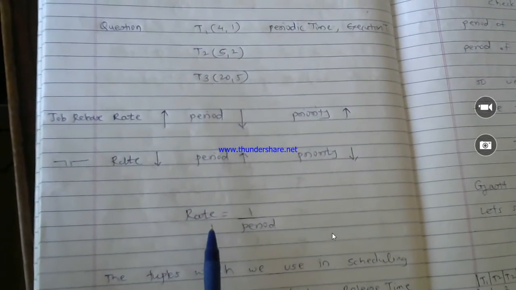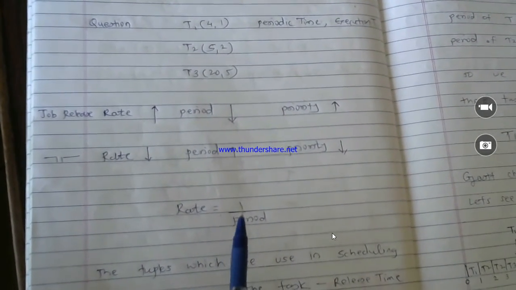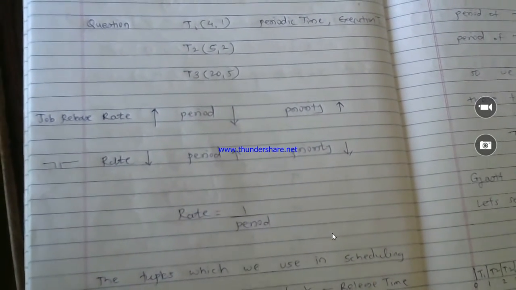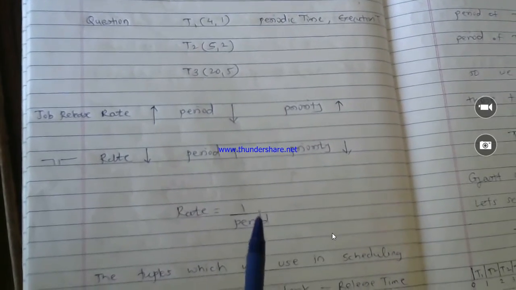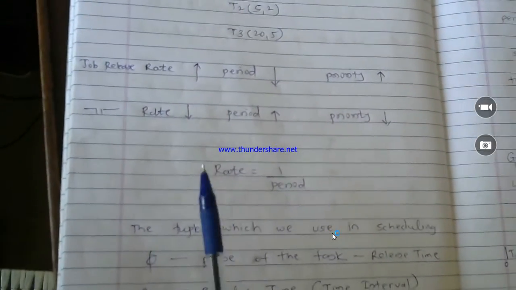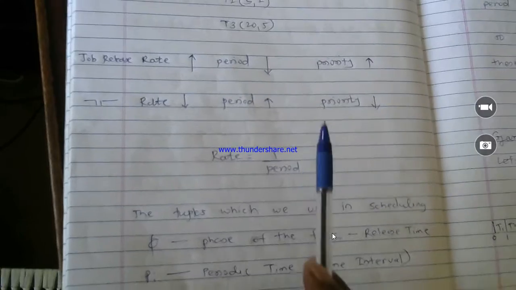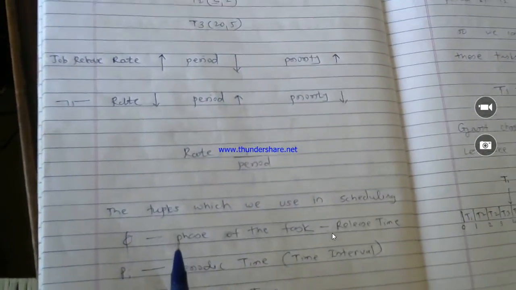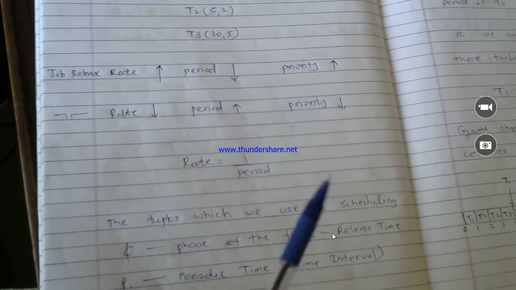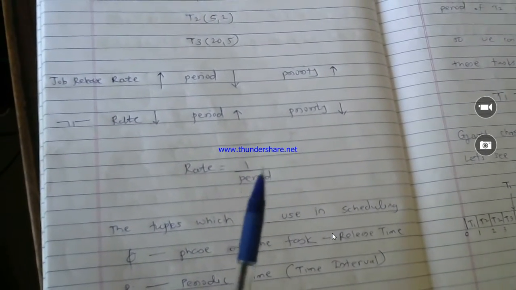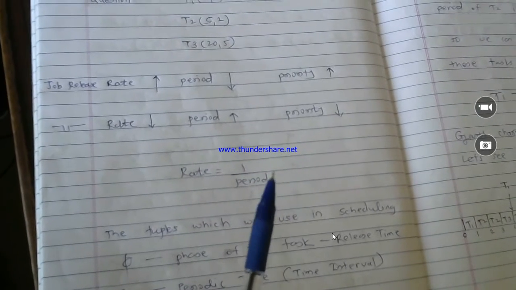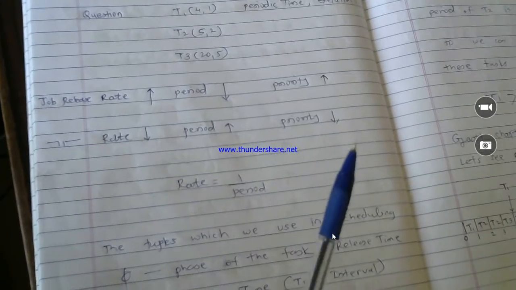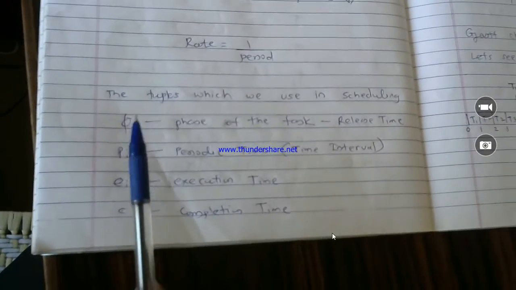It means rate is equal to the inverse of the period. This formula states the explanation of these two lines. If the rate is high, priority becomes high, and if the rate is low, the fixed time interval goes high and the priority is considered low for that particular task.